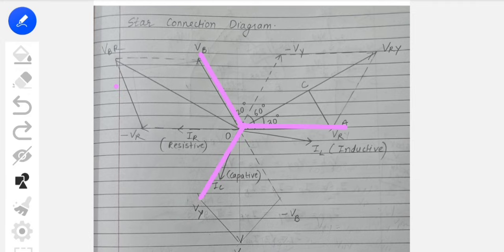These are the three phasors originating from a common point. Now how do you draw them? In your protractor you have to measure 120 degrees. For a perfect diagram you have to do this: measure 120 degrees and draw all three phasors.